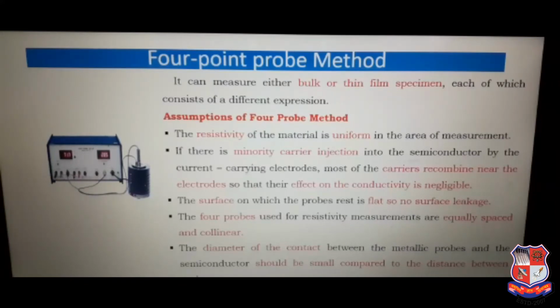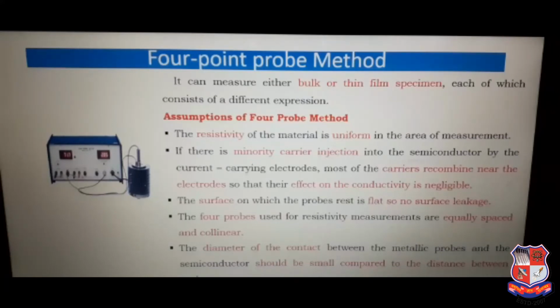If there is minority carrier injection into the semiconductor by the current carrying electrode, most of the carriers recombine near the electrode, so the effect on the conductivity is negligible. The surface on which the probe rests is flat, so no surface leakage.